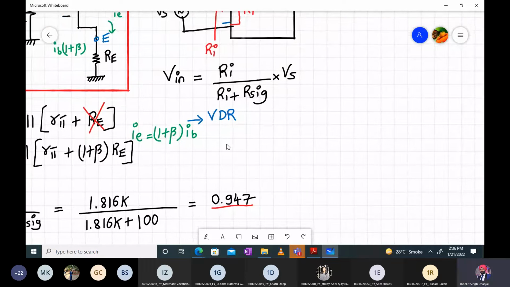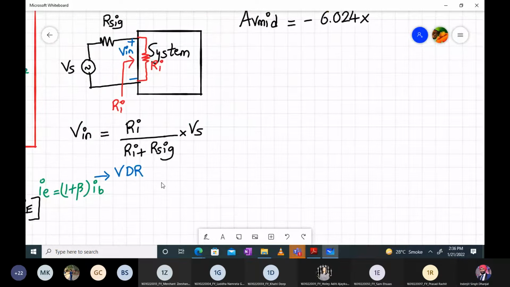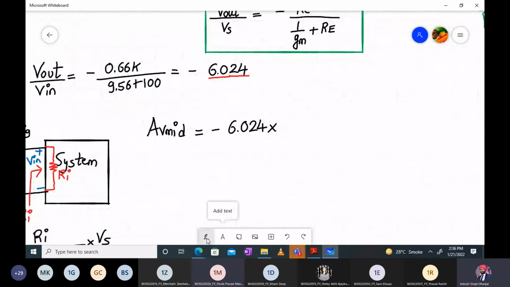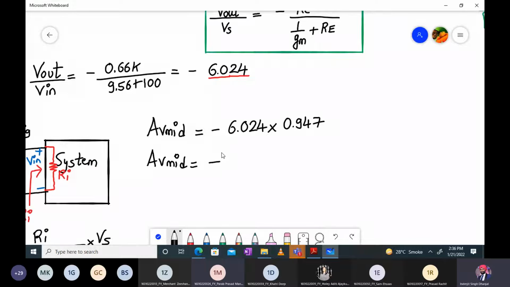Okay, so 0.947. Please multiply the two. How much is this? Anyone? Is it coming out to be around minus 5.7?